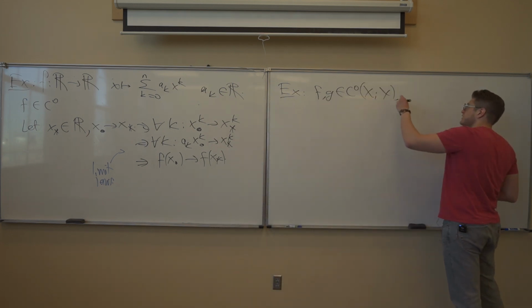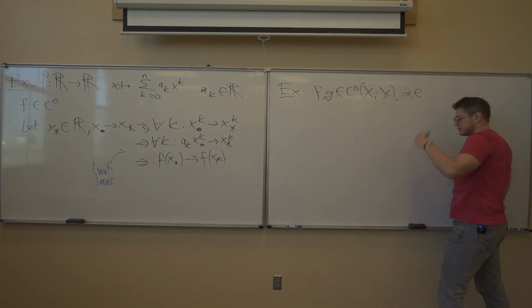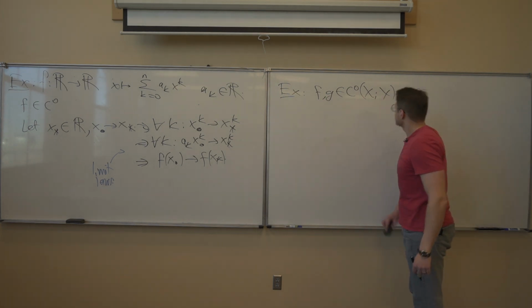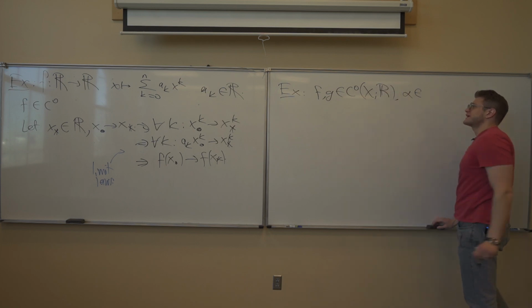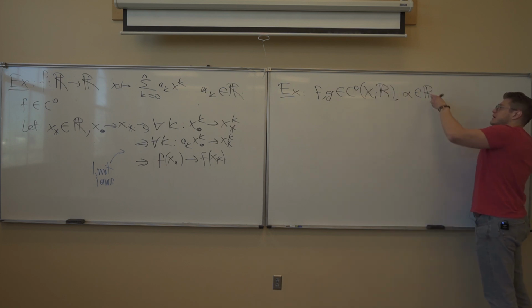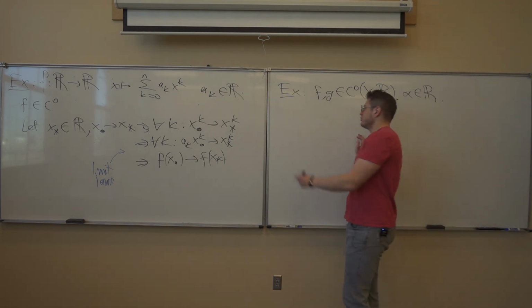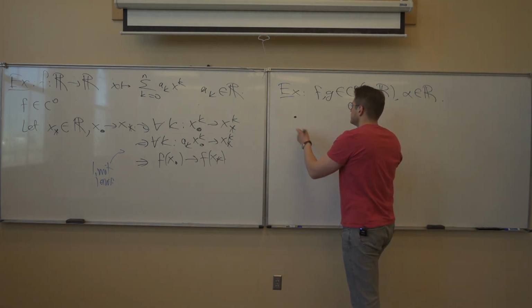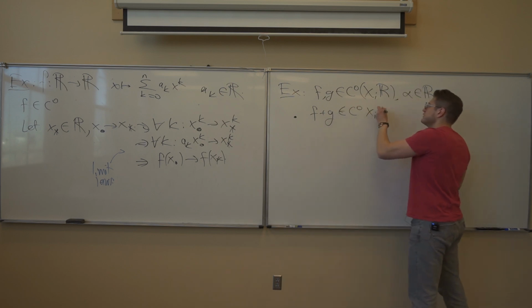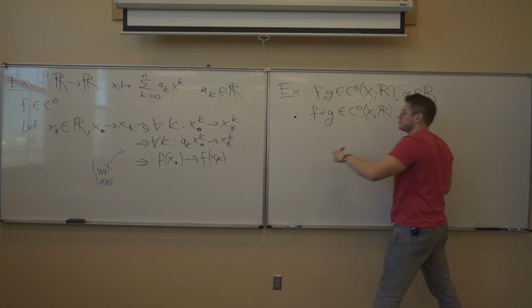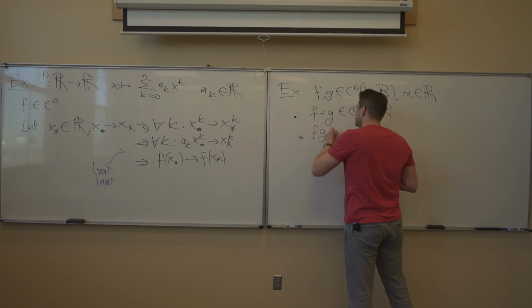Let's take a constant alpha. What do I want to do? I want to take the target to be reals so that I can add things. Yes. And so then their sum also is in the set. Their product is in the set.